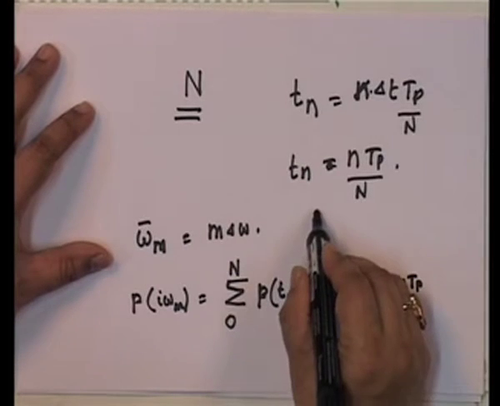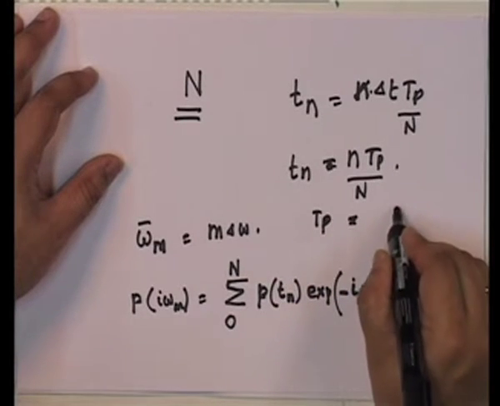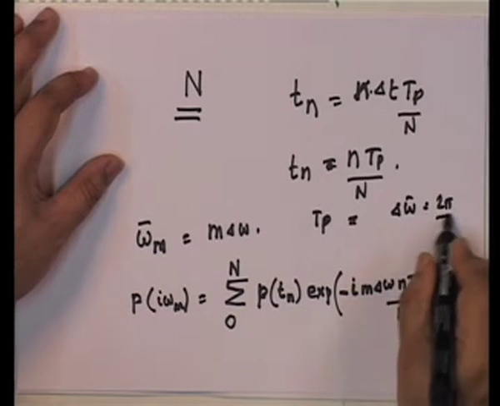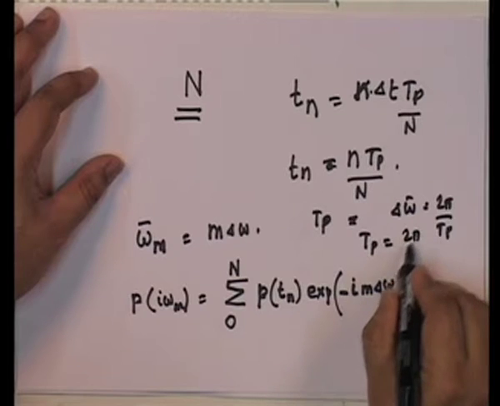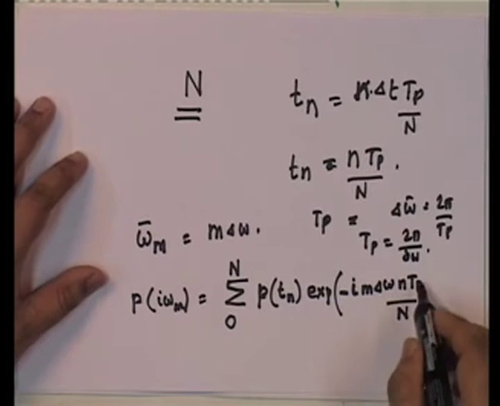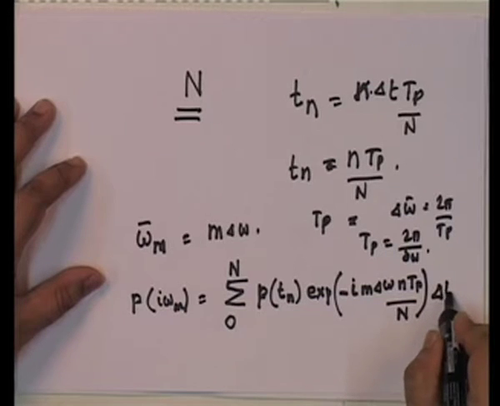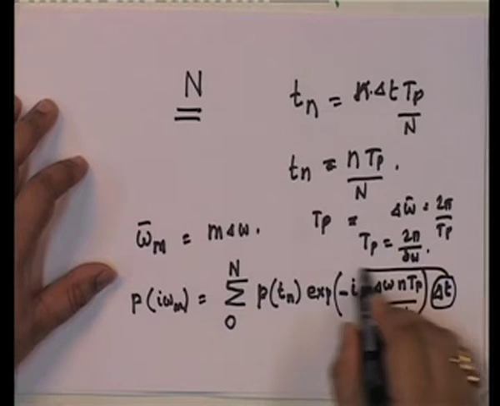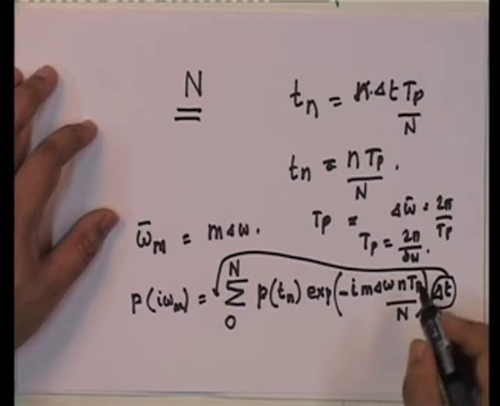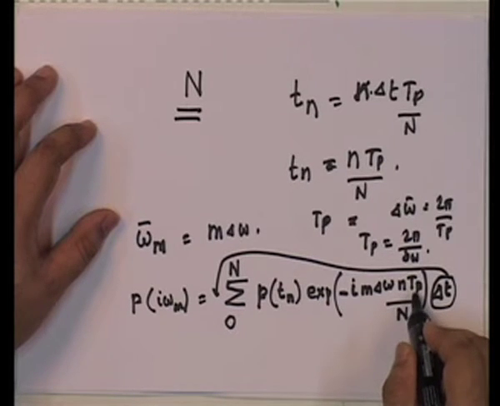Now, let us look at what Tp is equal to. We had already said it, delta omega bar is equal to 2 pi upon Tp. So Tp is equal to 2 pi upon delta omega bar. This is my term, into delta t. I can take this delta t outside, because it is not a function of n. Note that Tp is 2 pi upon delta omega, so if I plug it in, delta omega and delta omega cancel out.